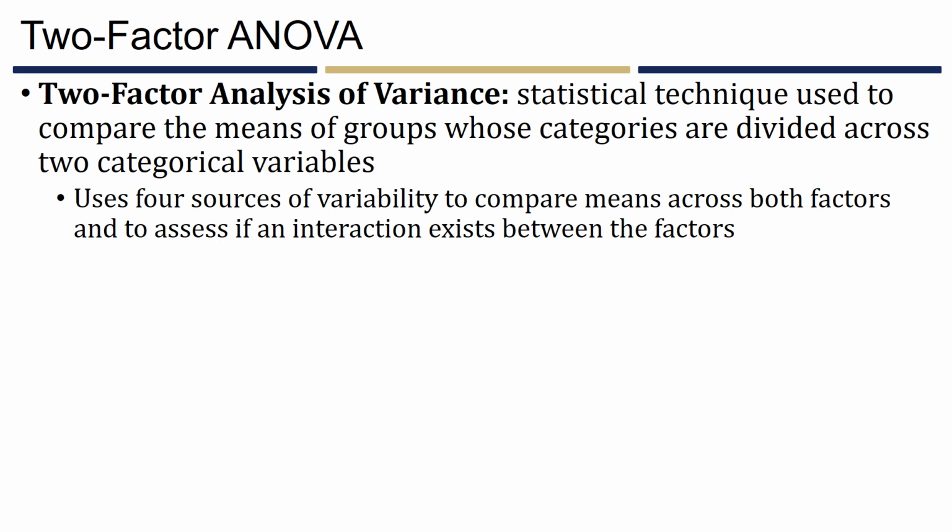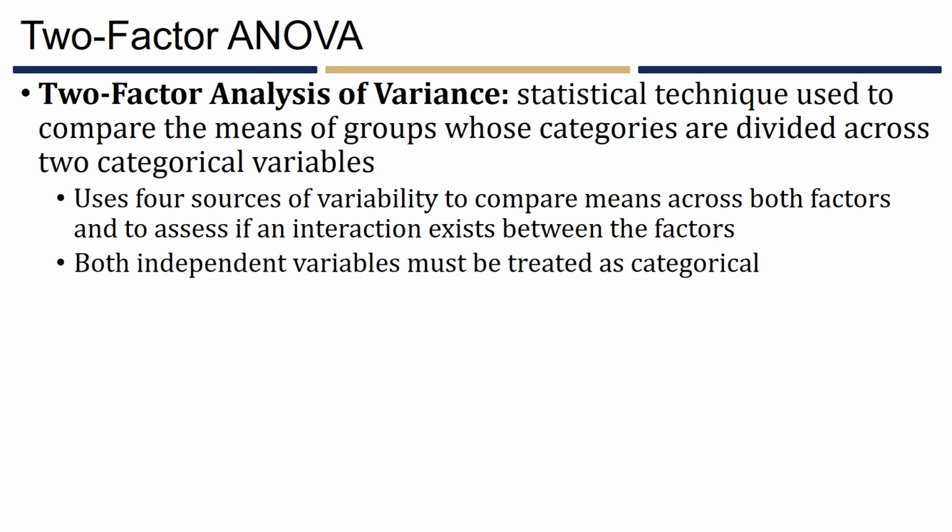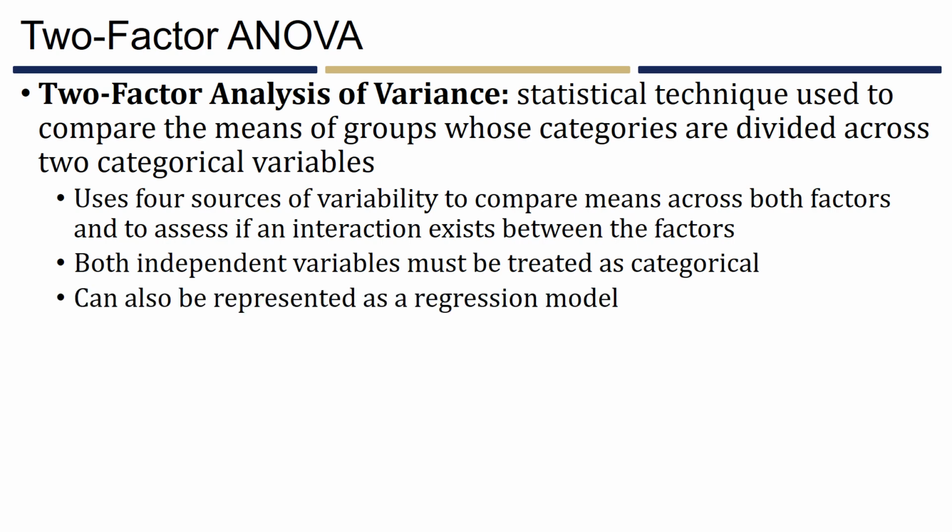Notice that this is different from one-factor ANOVA, because if you recall from one-factor ANOVA, we only had two sources of variability. We had the sums of squares due to the treatment, and the sum of squares due to the error. In a two-factor ANOVA, both of your independent variables must be treated as categorical. And just like one-factor ANOVA, we can also represent two-factor ANOVA as a regression model.